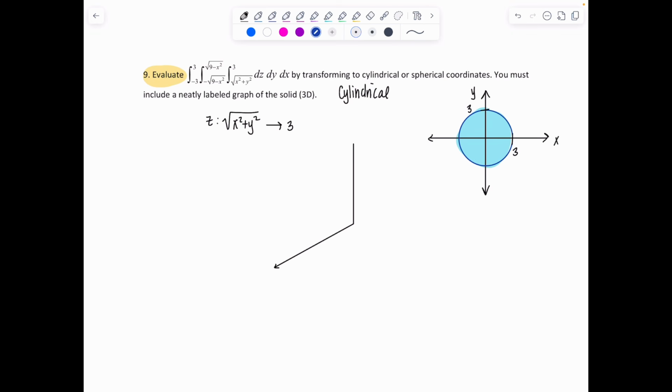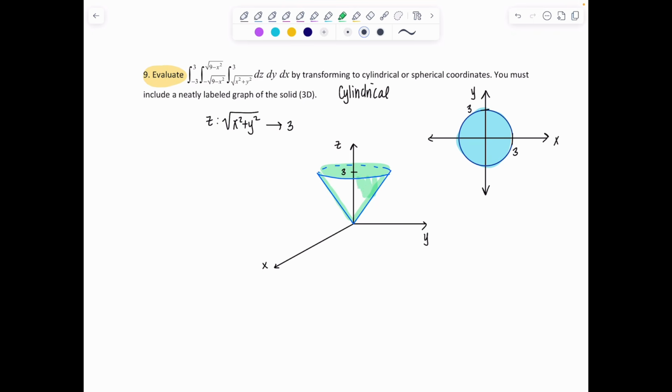However, if they wanted to do spherical, that's fine. I would be shocked if any of them did it because it's not easier and it wasn't a setup only problem. So we've got our standard cone, z equals radical x squared plus y squared, which in cylindrical is z equals r. And then upper limit is z equals 3. So this is the top of the solid. These are the sides.